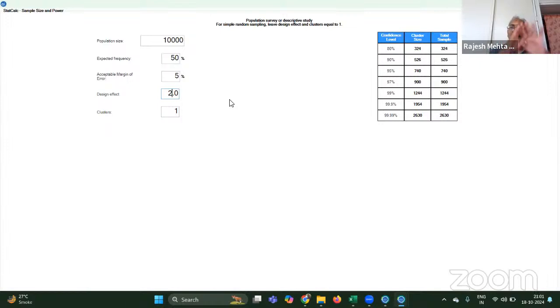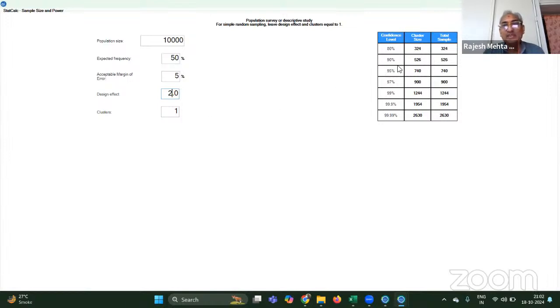If you take directly from the whole of India, randomly from the whole 140 crore population, there is only one design effect. But if you divide into districts, then you take from each district, design effect two. If you take further from the taluka, design effect three, like this.